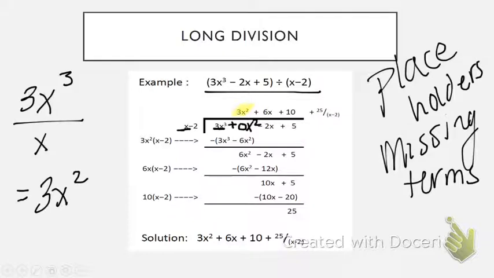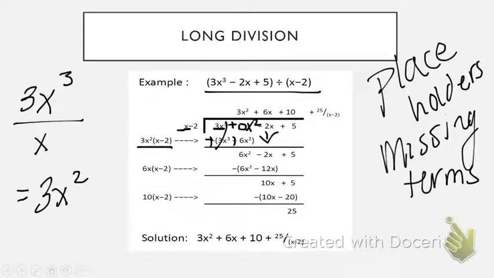And then I took that 3x squared and we multiplied it into my divisor. Okay, we have to subtract it, so I put it in parentheses so I know to distribute that negative sign. This becomes 0, and this becomes a positive 6x. 0x squared plus a positive 6x gives you a positive 6x.